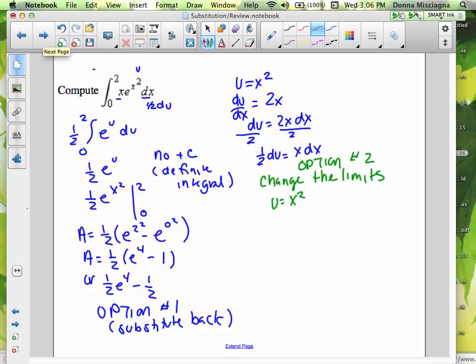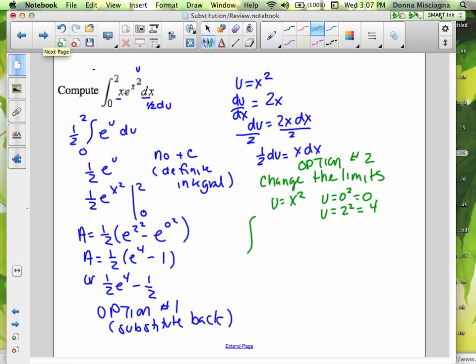If u is x squared, then all we have to do is change the 0 and the 2 by plugging in. So we would change the 0 to 0 squared, which would be 0, and we would change the 2 squared to 4. So that means our limits would change.